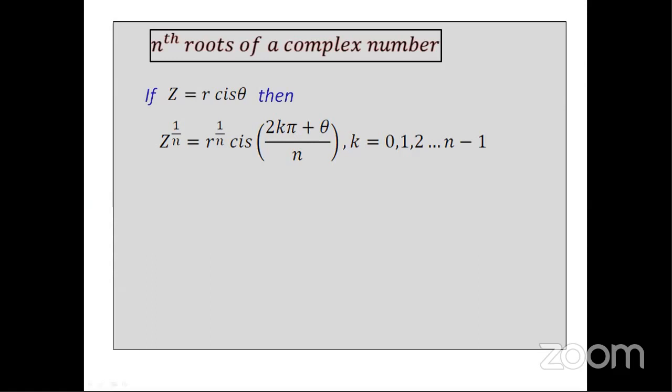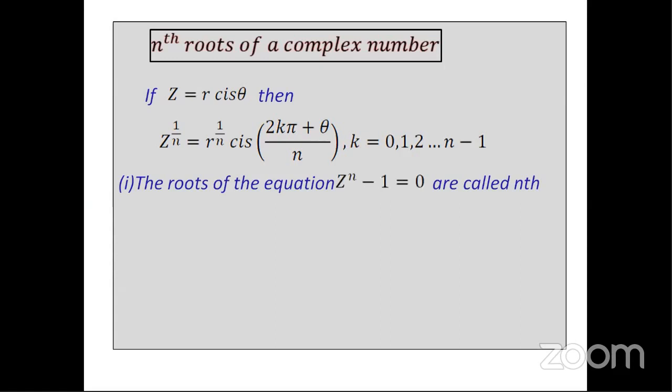Now, depending on this formula, z power 1 by n is equal to r power 1 by n into cis((2k pi plus theta) by n), we will look into what are nth roots of unity. The roots of the equation z power n minus 1 is equal to 0 are called nth roots of unity. Why nth roots of unity?